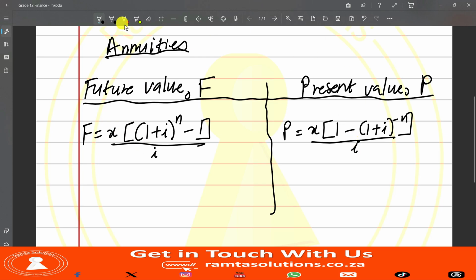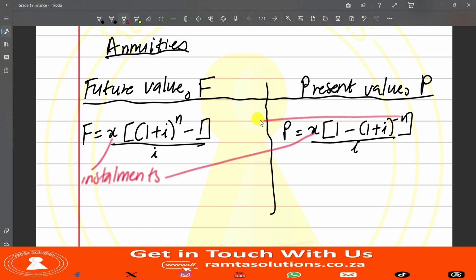So I want to say this, guys. These x's, we call them installments. I don't want to say monthly installments, so I'm going to say installments. Now these n's are the number of installments.